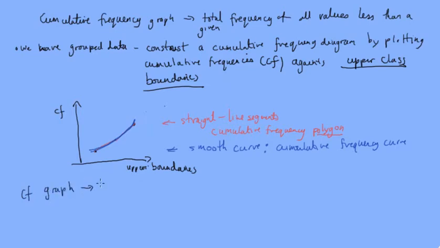It can be used to estimate the number or proportion of values that lie between the points. So if you wanted to know what this value is, you can get an idea of the frequency.